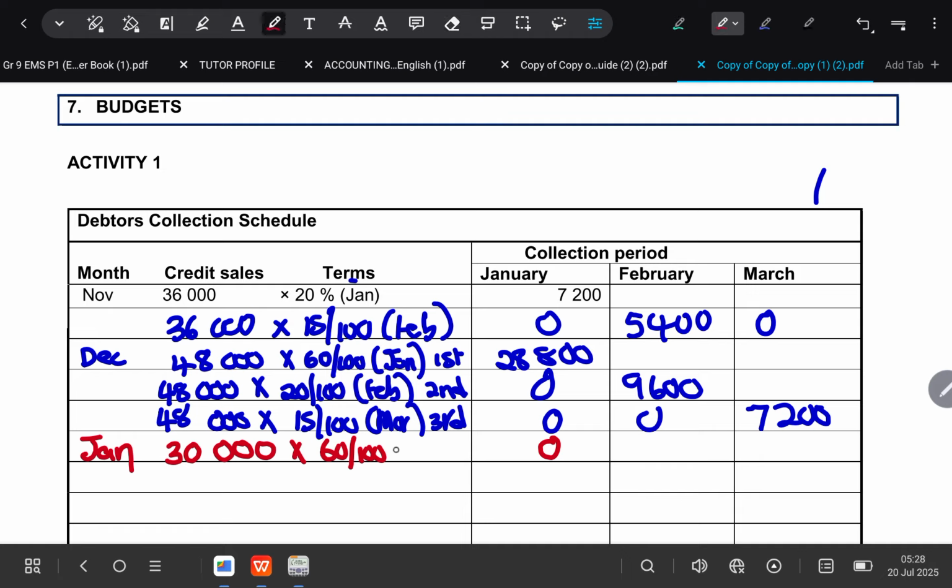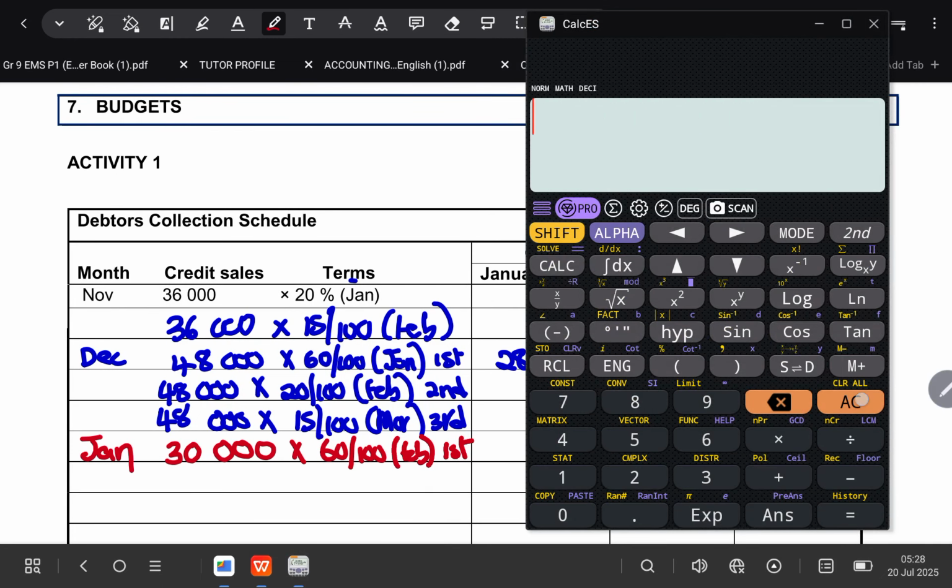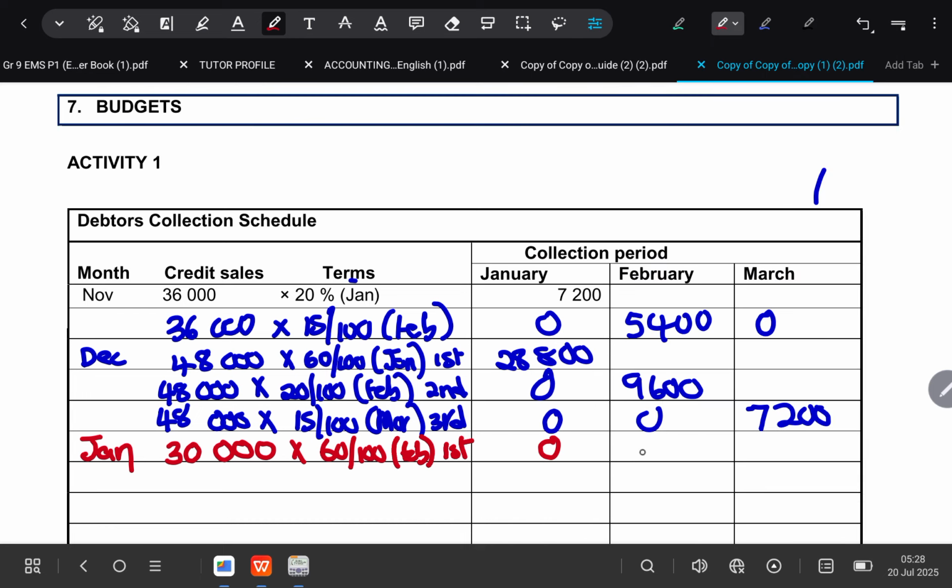So remember, this collection will be done in February, and this is our first month here. So 30,000 multiplied by 0.60 is going to give us 18,000.